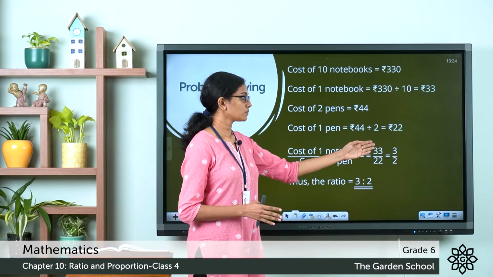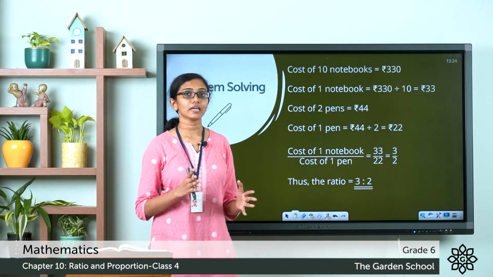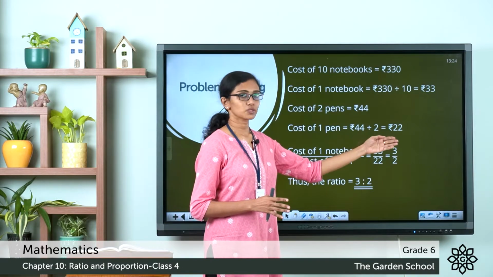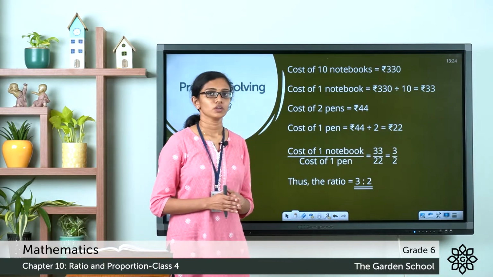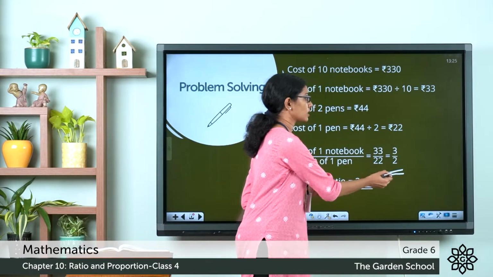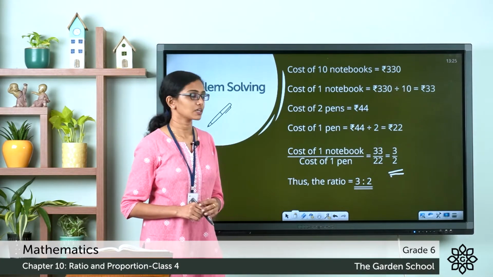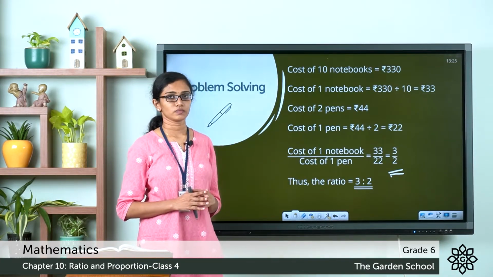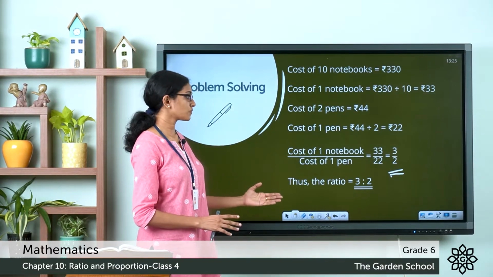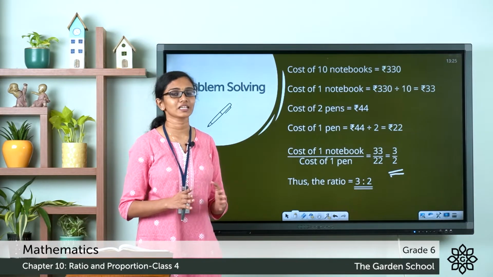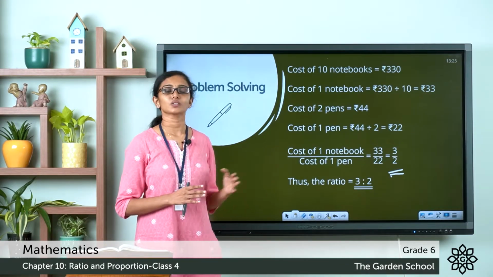So if you divide both the numerator and denominator by 11, you will get the reduced form as 3 by 2. So you have the fraction 3 by 2 here, which can be written as the ratio 3:2. So the ratio of cost of a notebook to the cost of a pen is equal to 3:2.